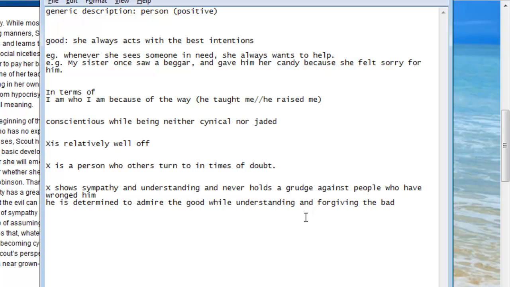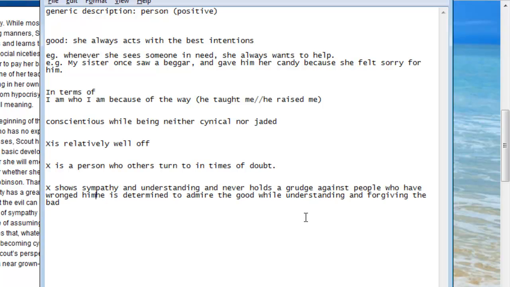And then that connects quite nicely with this one. He's determined to admire the good while understanding and forgiving the bad.